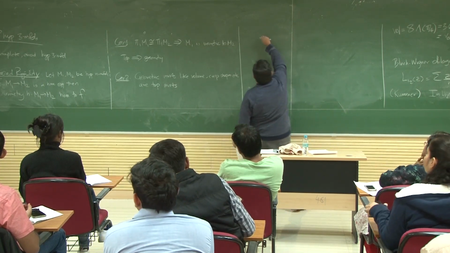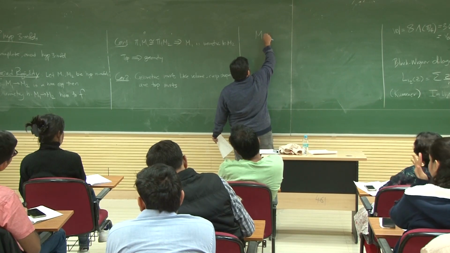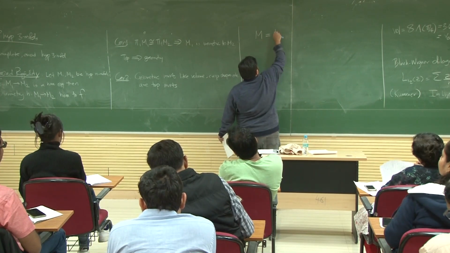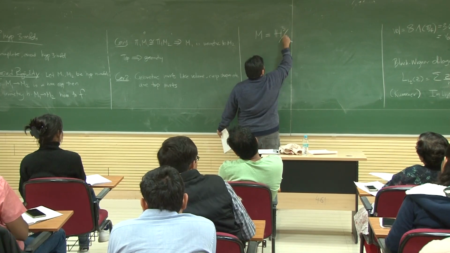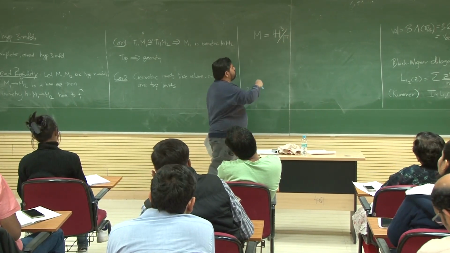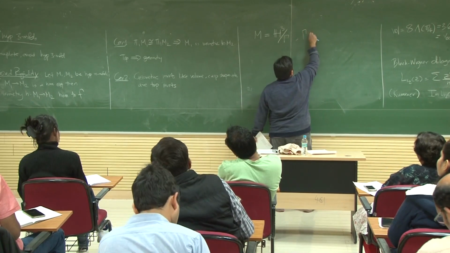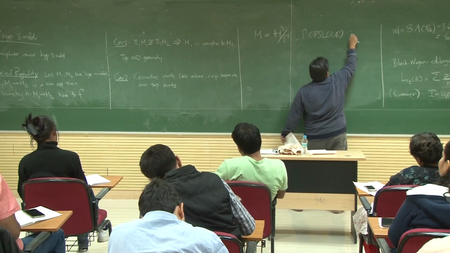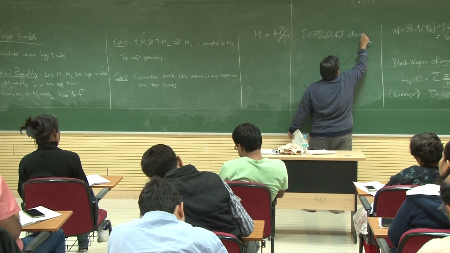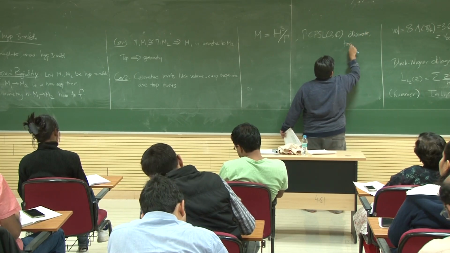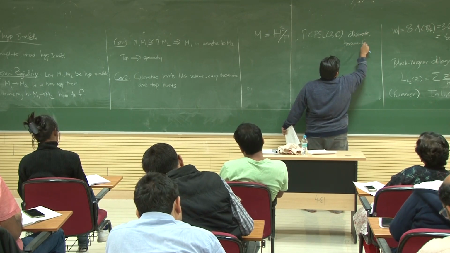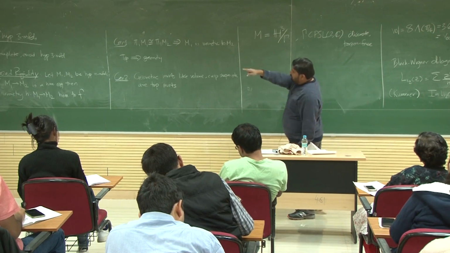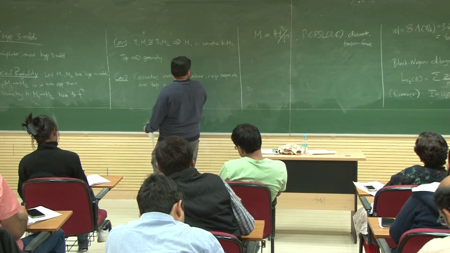So if you have your M hyperbolic 3-manifold, you can see this as H3 modulo some Kleinian group. This is discrete, torsion free, and you can have more adjectives depending on, say, cofinite volume, etc.